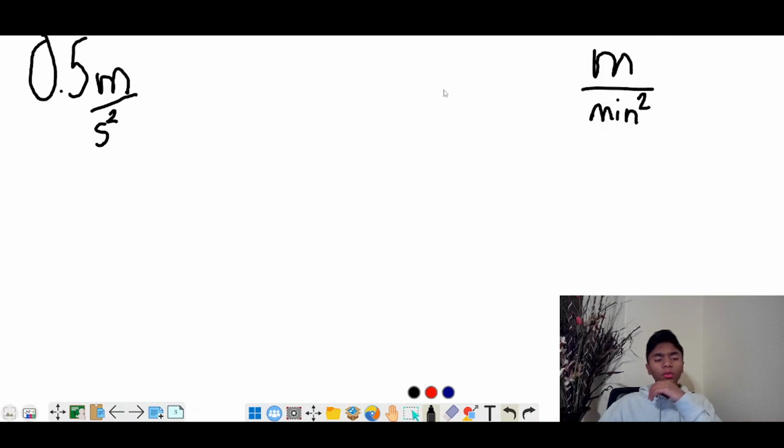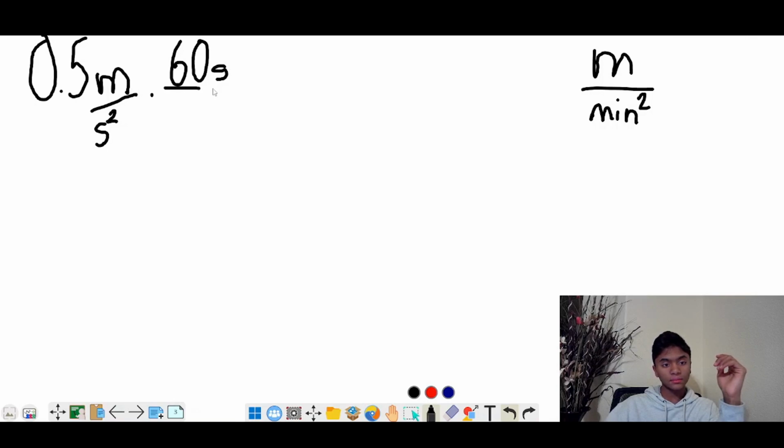So we do know how to get from seconds to minutes, but how are we going to get from seconds squared to minutes squared? Well, we just square it. So we know that again, in 60 seconds, there's 1 minute. But this will cancel out this second power, and it'll cancel out this s. But you're going to have this weird thing where you're going to have seconds and minutes in your denominator.